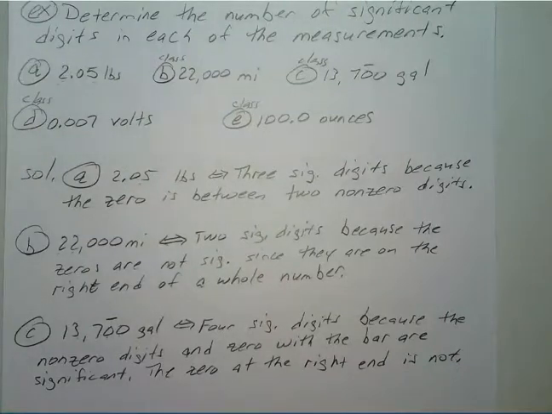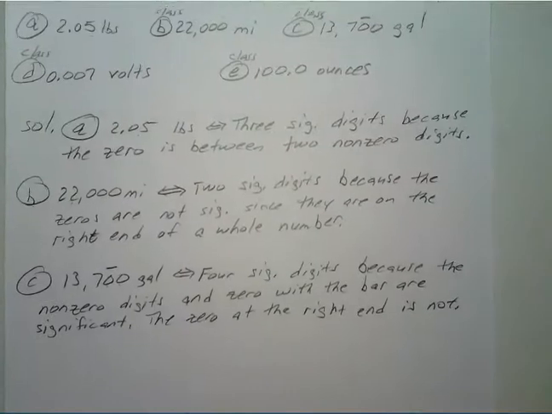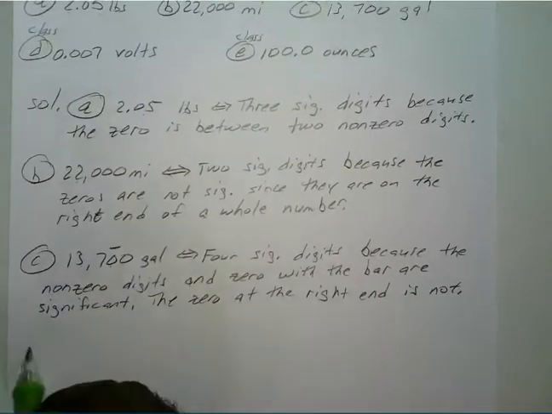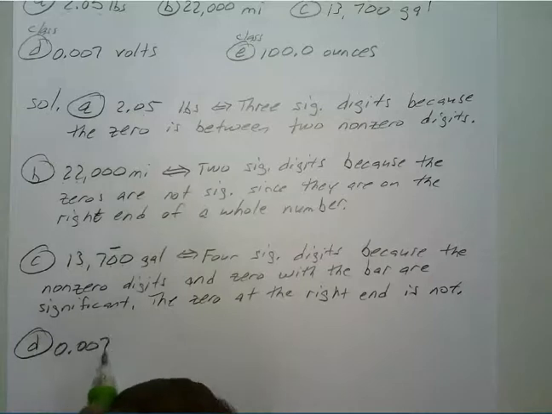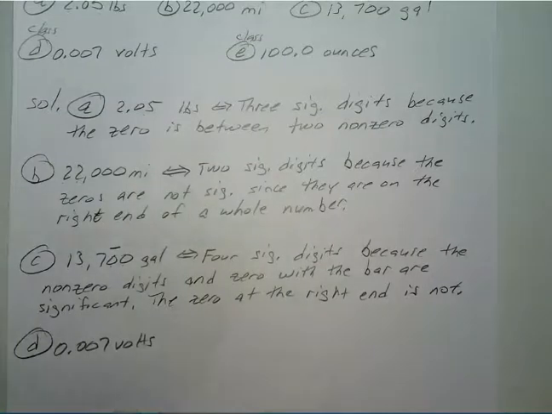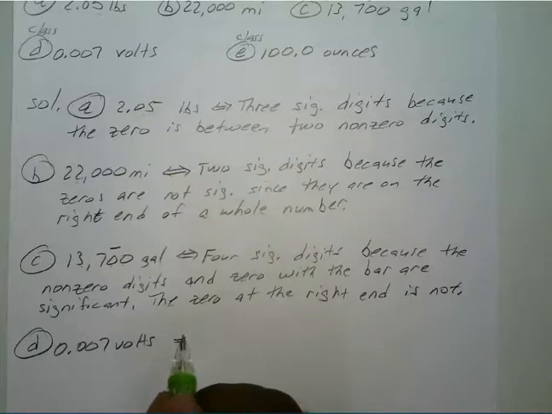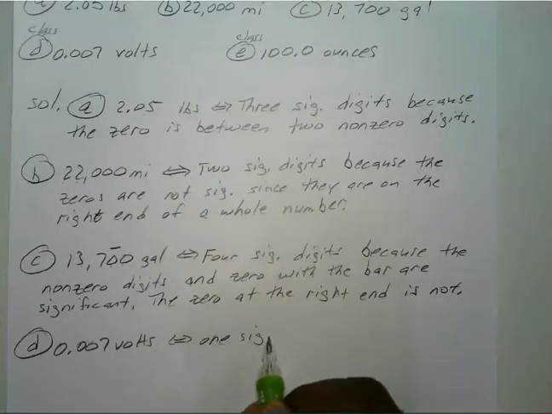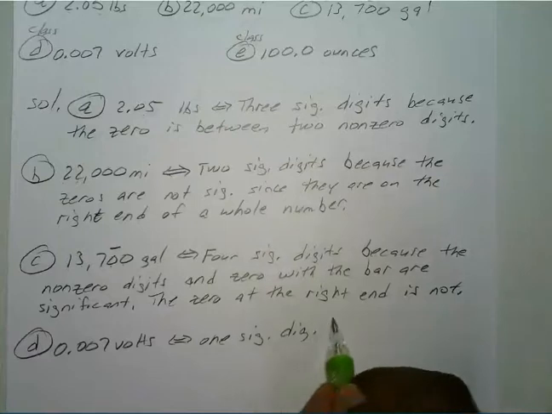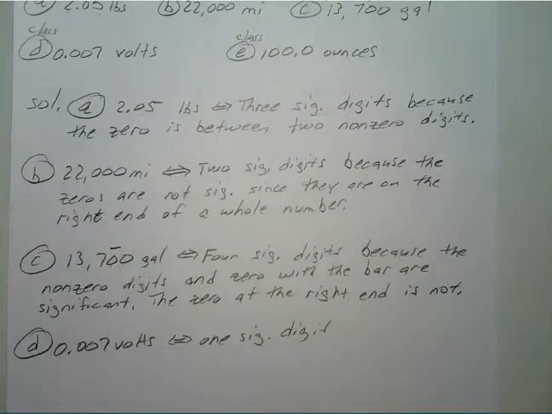All right, so let's look at D. 0.007 volts. Okay, as you can see, it's just one significant digit. Why?